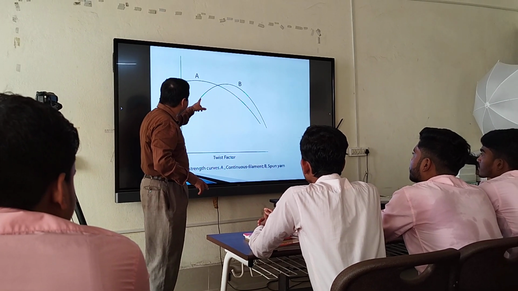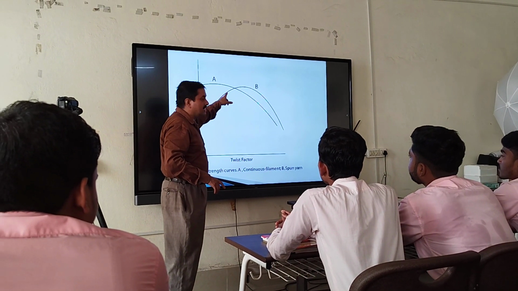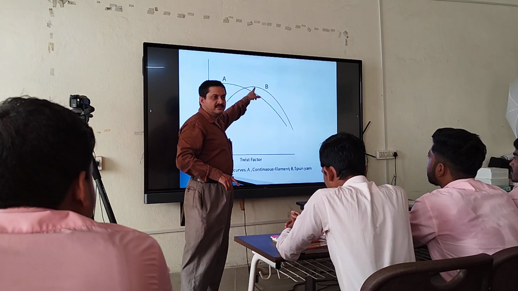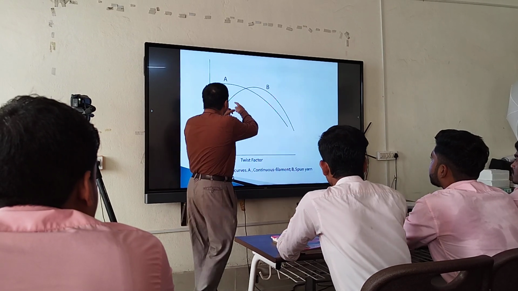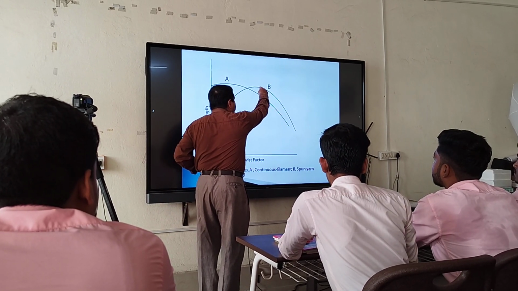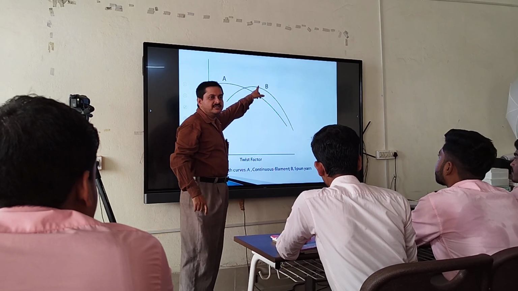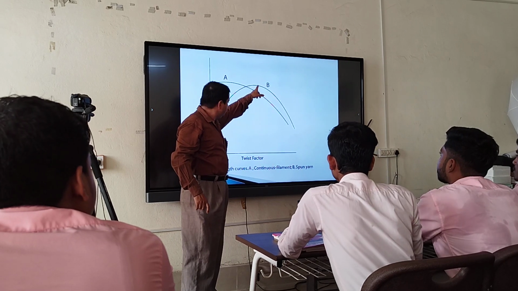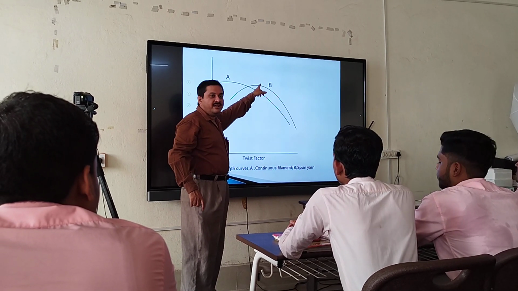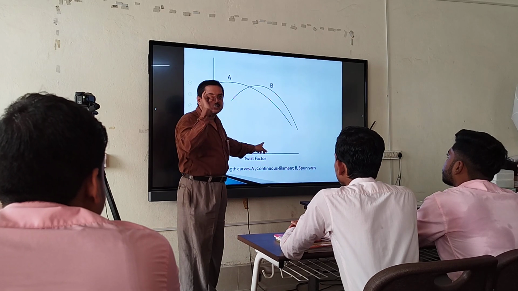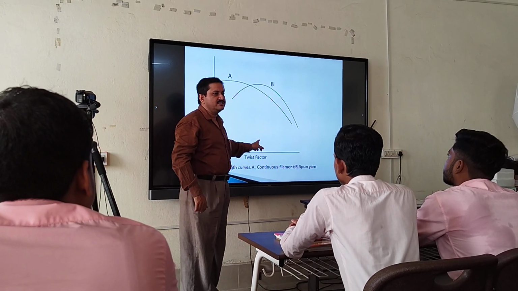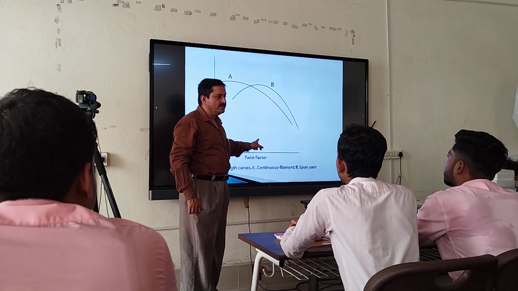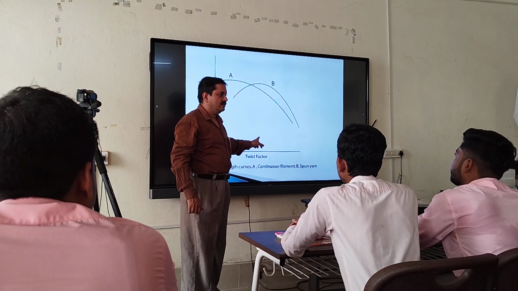See, when the twist level is increasing, the strength of the spun yarn is increasing. Are you understanding? And up to a particular point, this is the optimum point, this is the maximum strength, the twist factor at which we achieve maximum strength. This twist factor is called the optimum twist factor or twist multiplier.